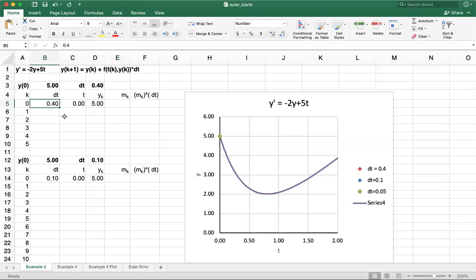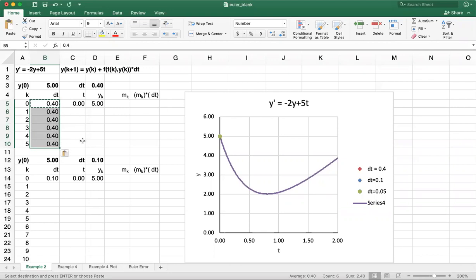Since it already has a 0.4, you can copy and paste this delta t into the rest of the column. Either use the copy function, which might be Control C or Command C depending on what computer you're on, and then highlight all of the cells and paste.